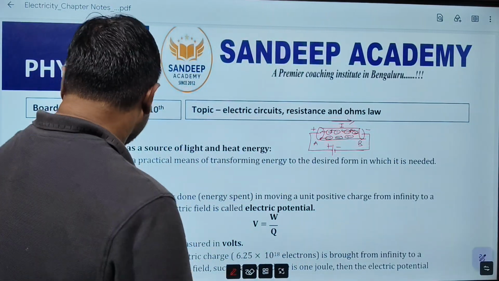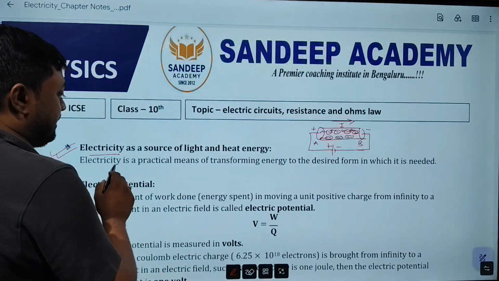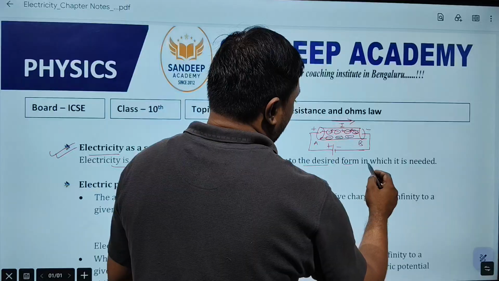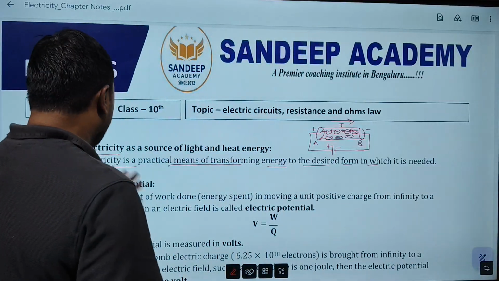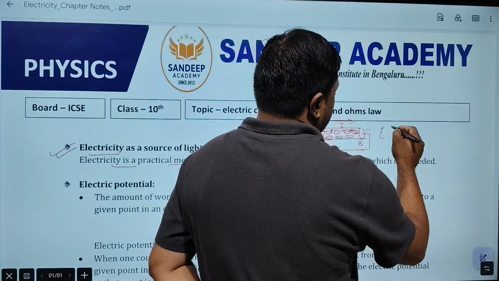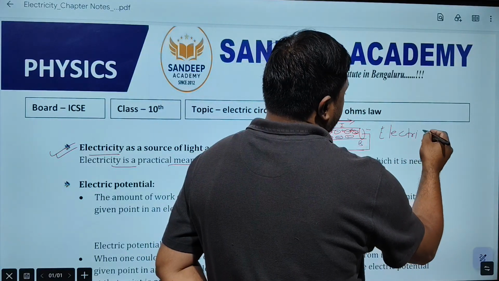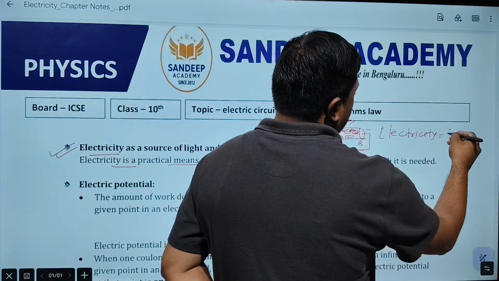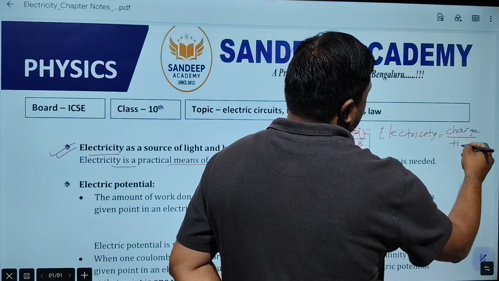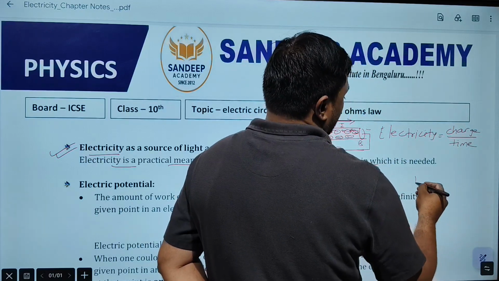Okay, fine. So electricity is the practical means of transforming energy to the desired form in which it is needed. And how will you define electricity? Electricity is nothing but charge flowing per unit time. Charge upon time. Charge flowing per unit time is called electricity.